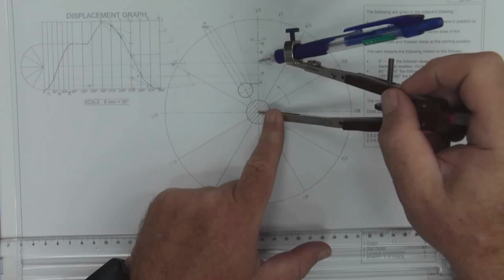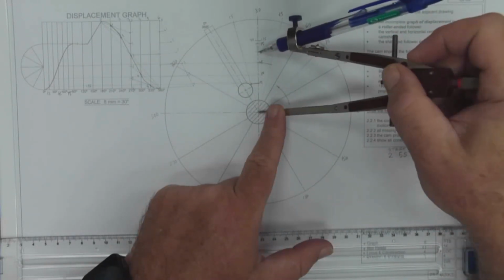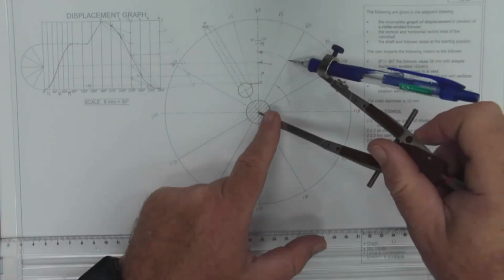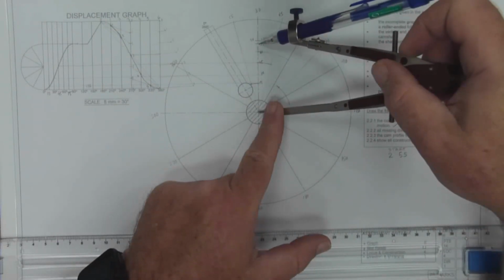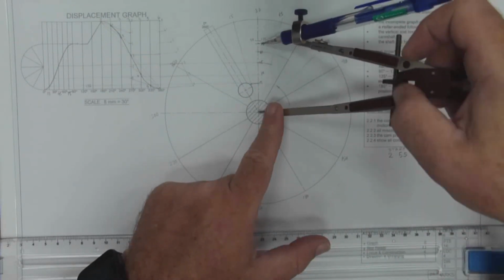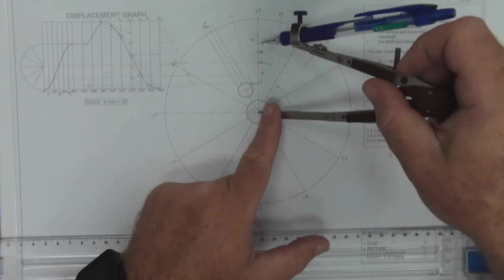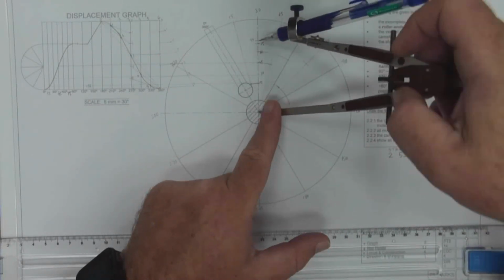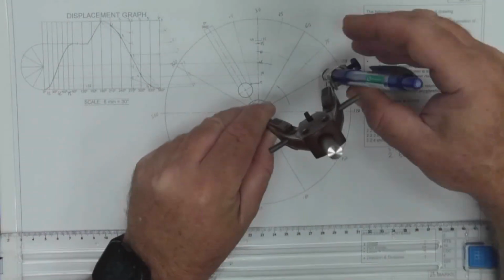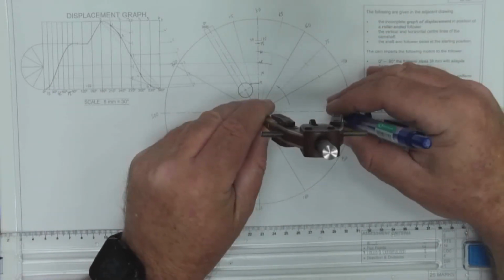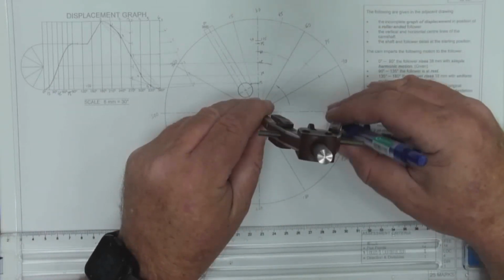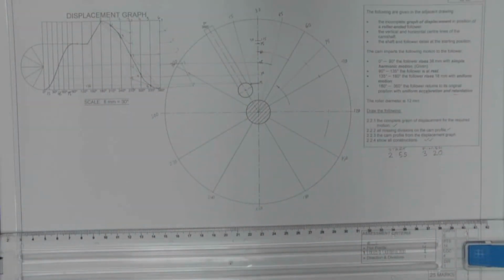I'll project to 45. 60. Project to 60. Now 75, I'm just going to transfer the measurement. 90 to 135, so there's 90, 120. I've still got to find 135 here.